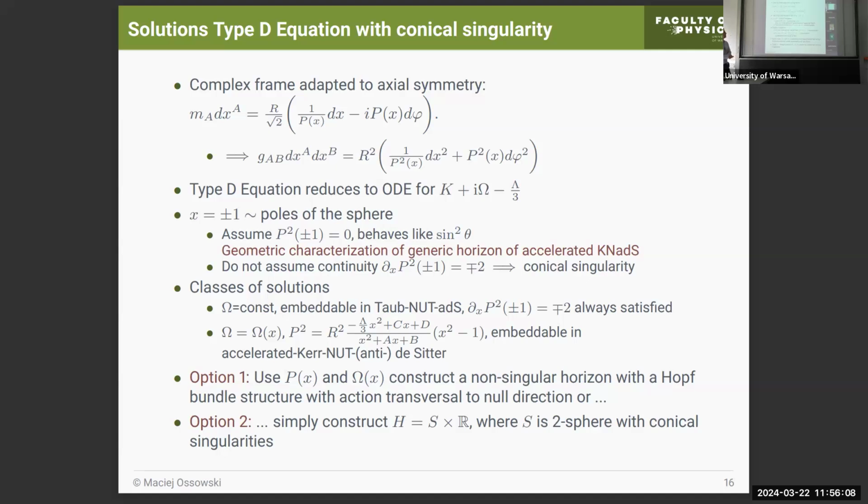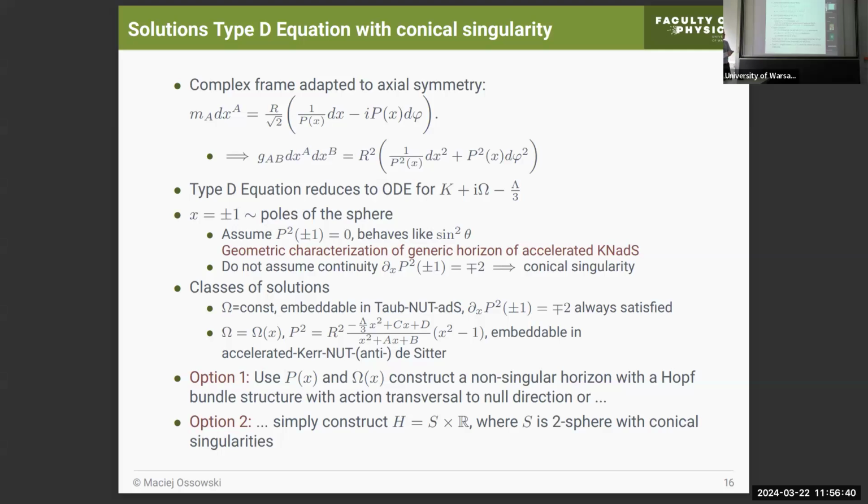There are actually 5 parameters, A, B, C, D, and R squared, which are free. And the precise statement is that all of those horizons that appear in accelerated Kerr-NAT ADS, interpreted in this Misner-type interpretation, can be expressed as one of those horizons.